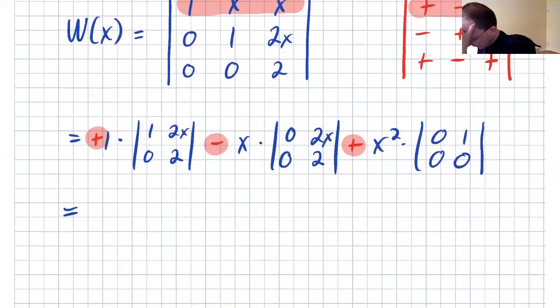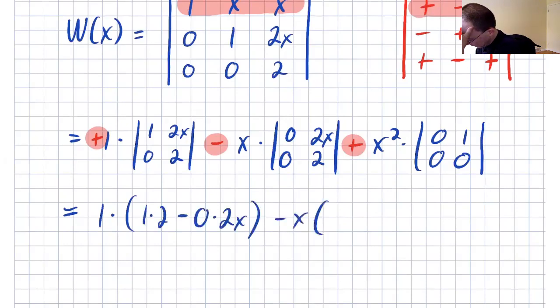So now we just have to compute these 2 by 2 determinants. We know how to do this. So it's 1 times 2 minus 0 times 2x. Then minus x, 0 times 2 minus 0 times 2x.